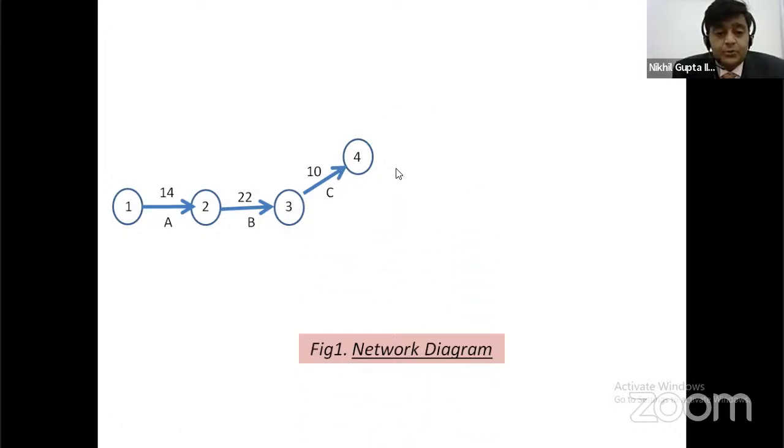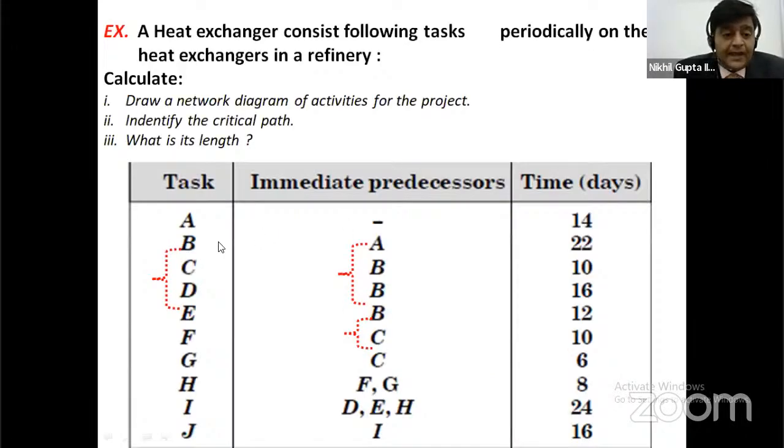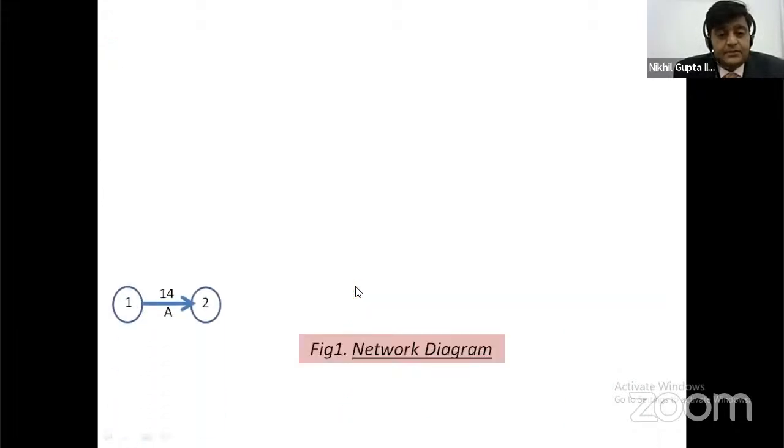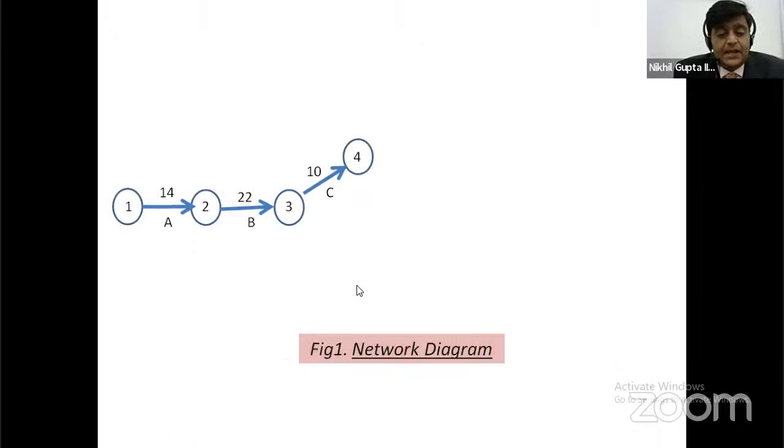One thing I want to explain here: activity C, activity D, activity E. Activity B is the predecessor of all three activities, C, D, and E. Like this.